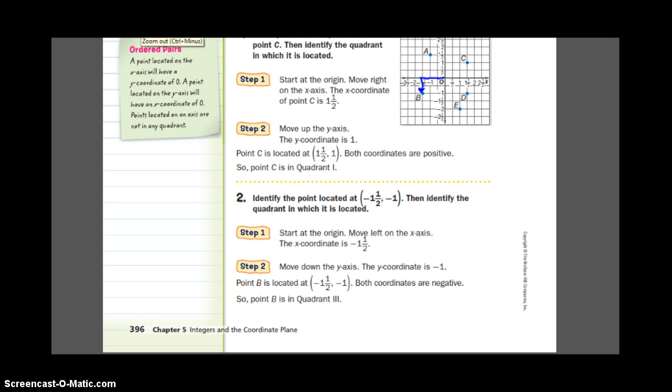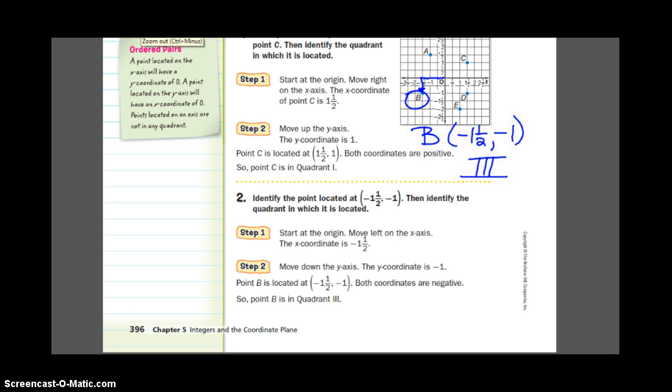So we are right here at point B. So B is located at -1.5, comma -1. Second question is what quadrant is it in? And again, we start in the upper right-hand corner and go counterclockwise. That would put point B in quadrant 3.